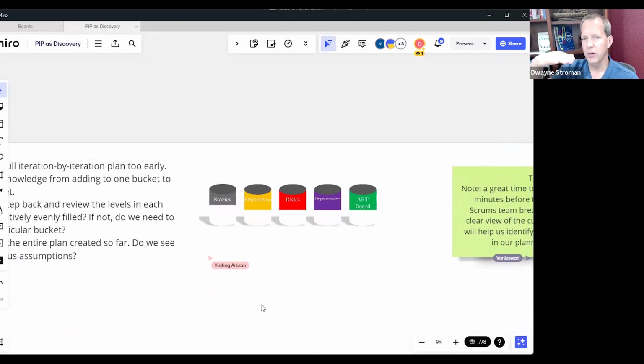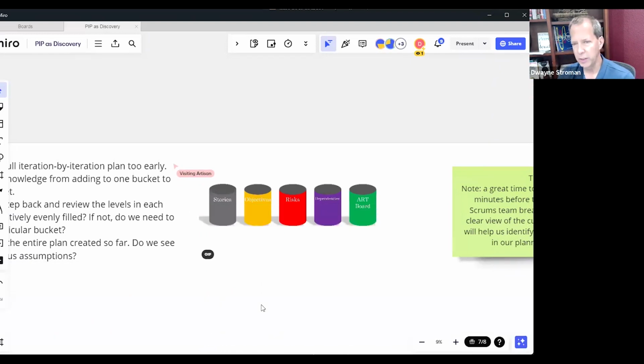It's this layer approach that we want for planning. What we don't want to do is go in and try and discover every single story before we move on to objectives, before we move on to risks. Think of these as buckets, and you're putting a little bit in each bucket and then going back and repeating. And there's no particular order.